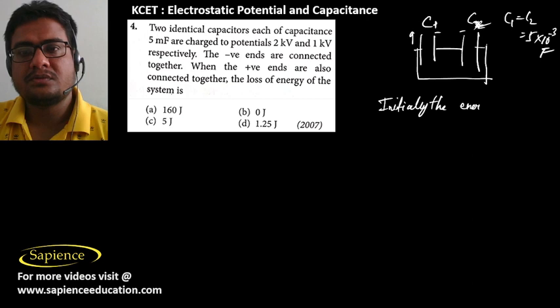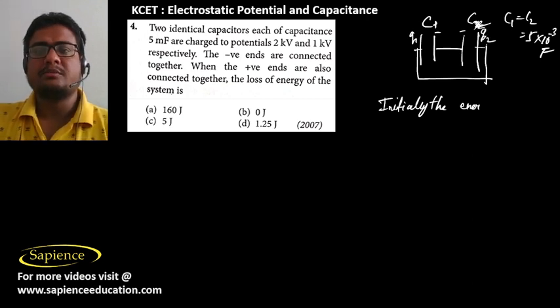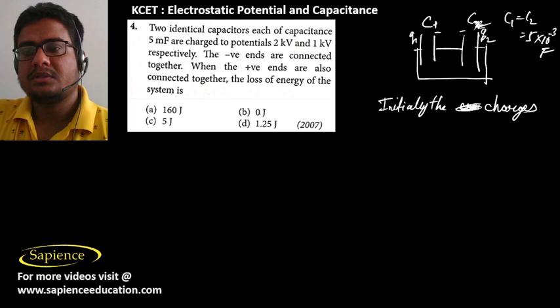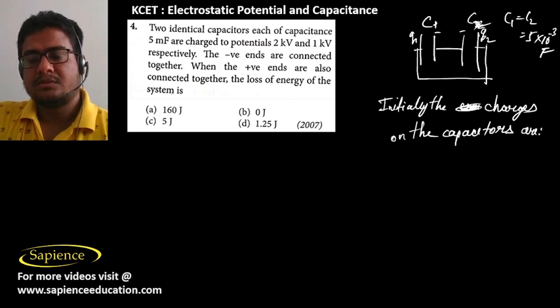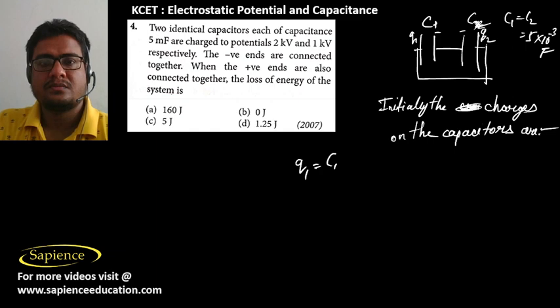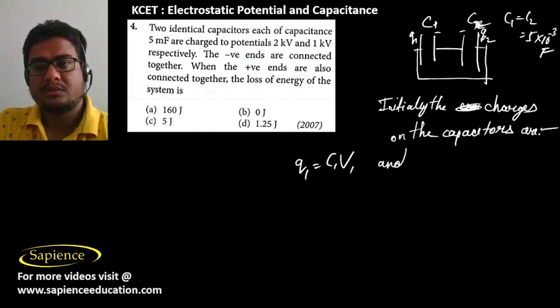The charge on the first capacitor and the charge on the second capacitor can be found. Initially the charges on the capacitors are Q1 equals C1 V1 and Q2 equals C2 V2.